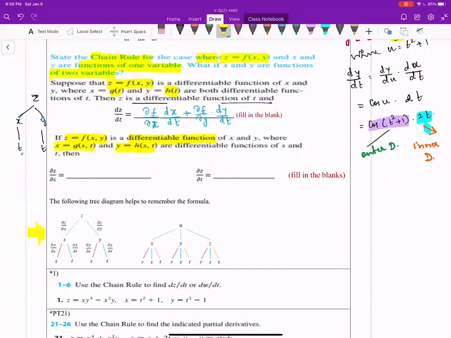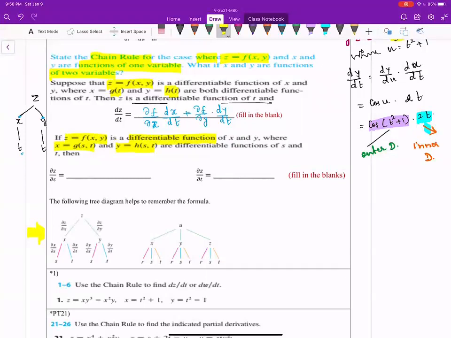Z is a function of x and y, so there is a tree there. Then x and y are branching out again because they are functions of two variables, s and t. So ultimately, z is a function of two variables, s and t.